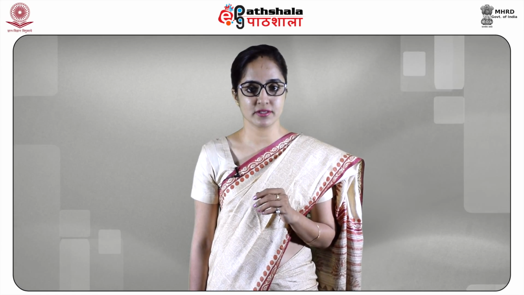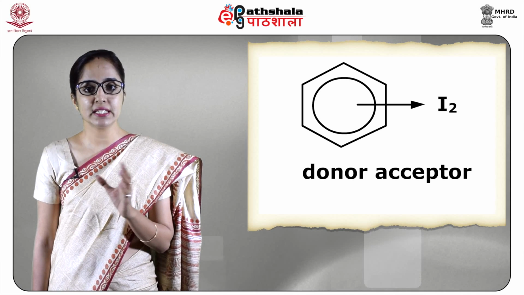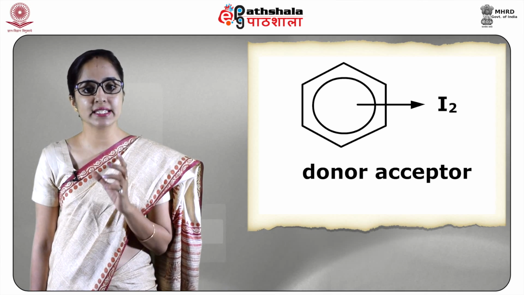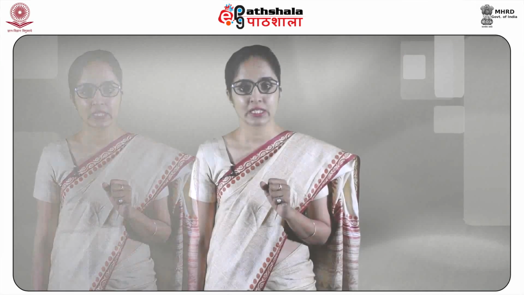Now, the lambda max of benzene is 255 nanometers, while for iodine in hexane it is 500 nanometers. The charge transfer complex, that is benzene and iodine, displays an intense additional band at 290 nanometers.